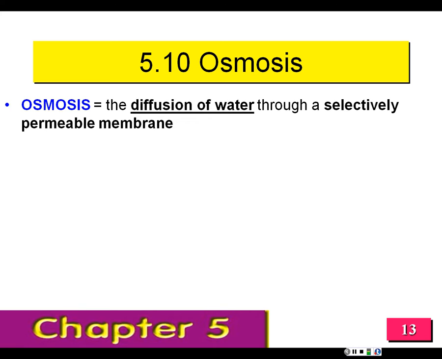So osmosis is the diffusion of water through a selectively permeable membrane. If we were looking at the membrane, we said the membrane has proteins associated with it, and those proteins may have pores.